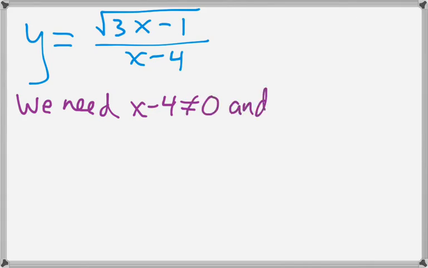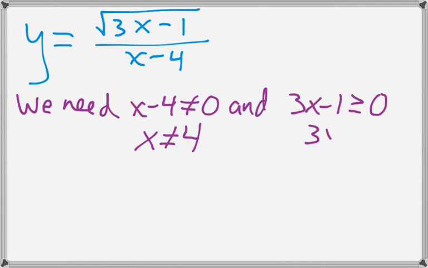And we need a non-negative number under the radical. Now this time it's okay if 3x minus 1 is equal to 0 because it's in the numerator. It's okay if the numerator of a fraction is 0. Just don't want the denominator to be 0. Alright, so to satisfy our denominator, we can't use the number 4. And then if we solve the inequality over here, we'll find out what will satisfy that square root in the numerator.